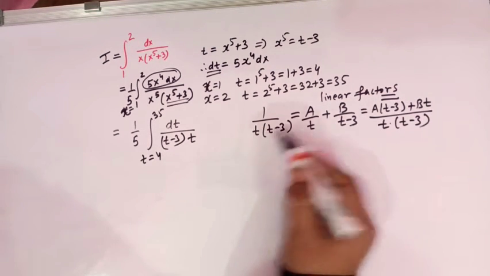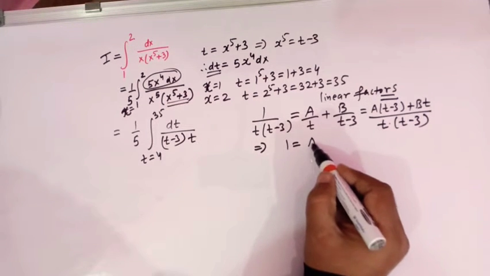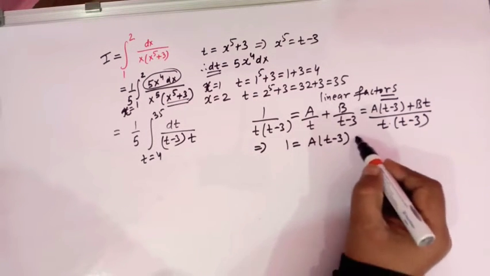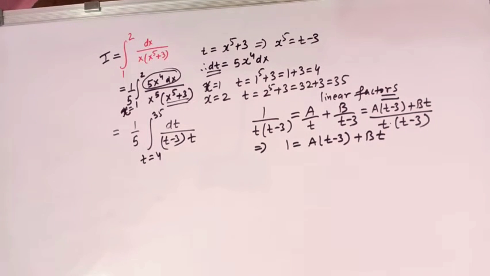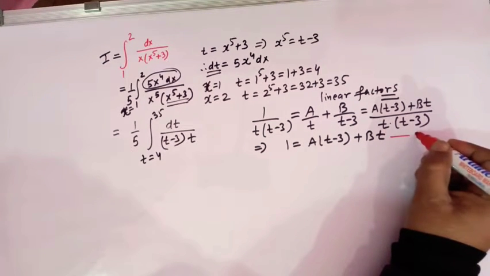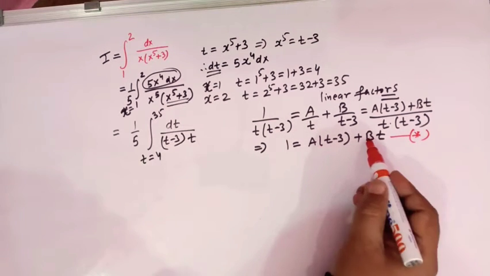Comparing both sides, we get 1 is equal to a times (t minus 3) plus bt. From this expression we can find the values of a and b.